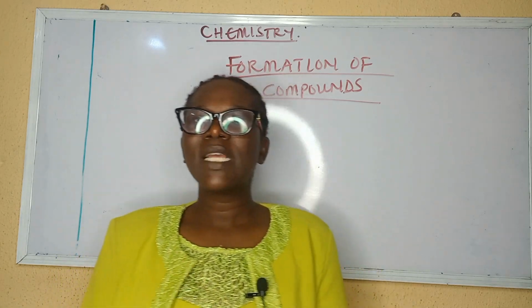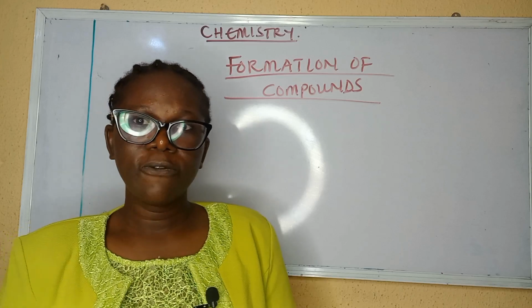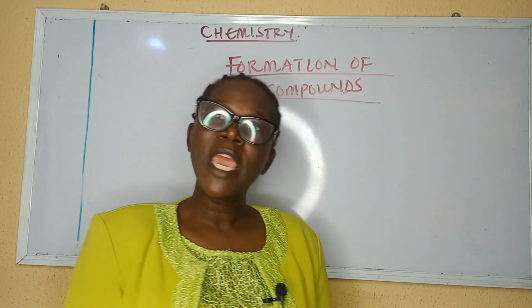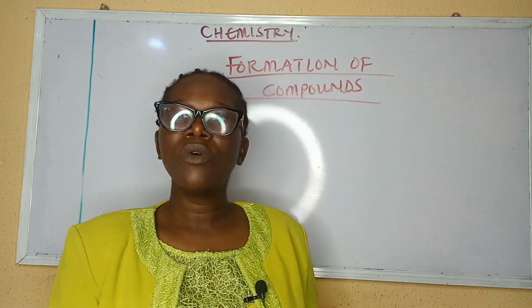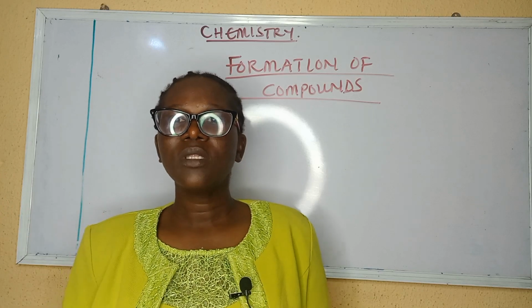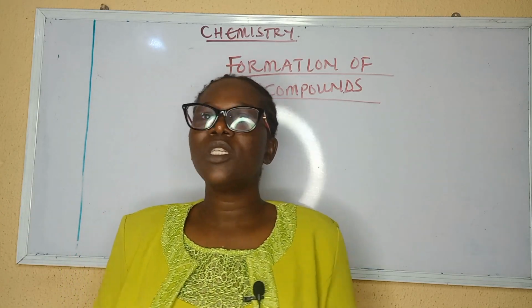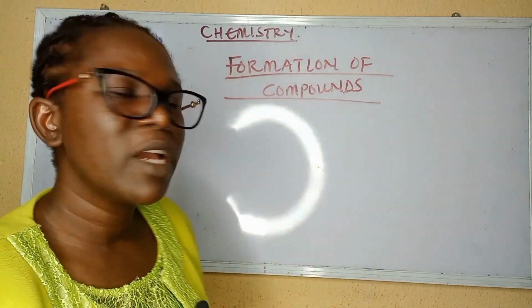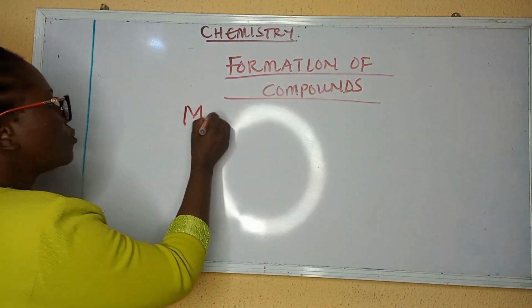Now, magnesium has an atomic number of 12. If I'm arranging it now, I will have to change it to ions. Magnesium alone is an atom. By the time it gives out its electrons, it becomes a cation, which is positively charged. So the atomic number of magnesium is 12.